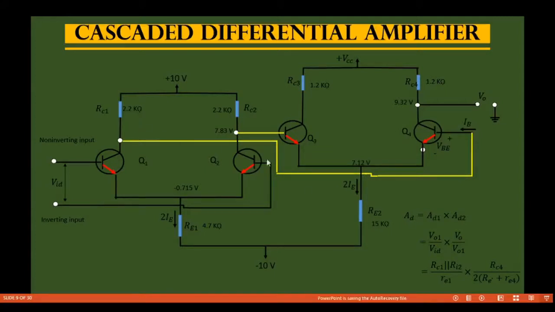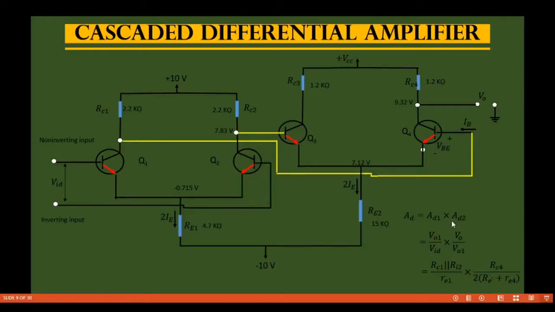At the output we have the voltage due to the first differential amplifier, denoted VO1, and the input is VID, the differential input we are applying. This differential input is the difference between the voltages applied at the non-inverting and inverting inputs. And this is multiplied by AD2.